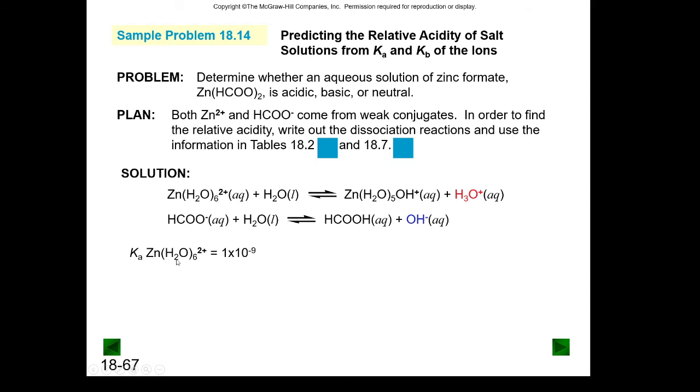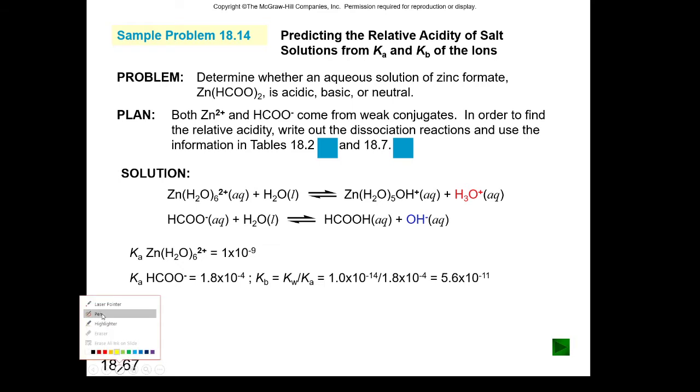They tell you that zinc's Ka is 1 times 10 to the negative 9th. They give us the Ka of HCOO minus, which is 1.8 times 10 to the negative 4th, so they have you calculate the Kb. All they're doing here is being smart.